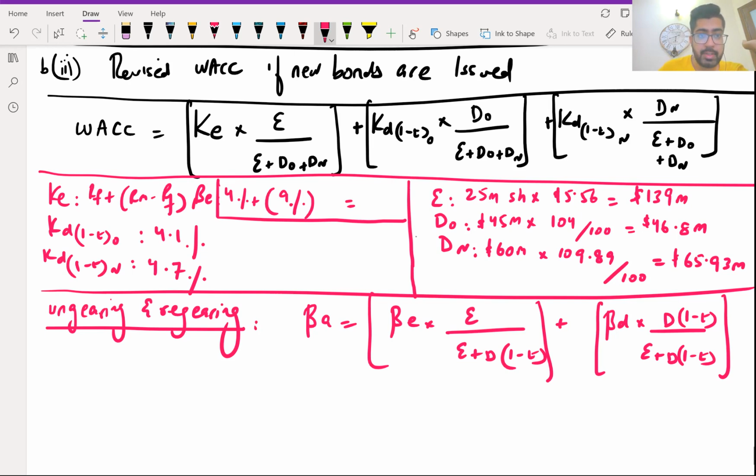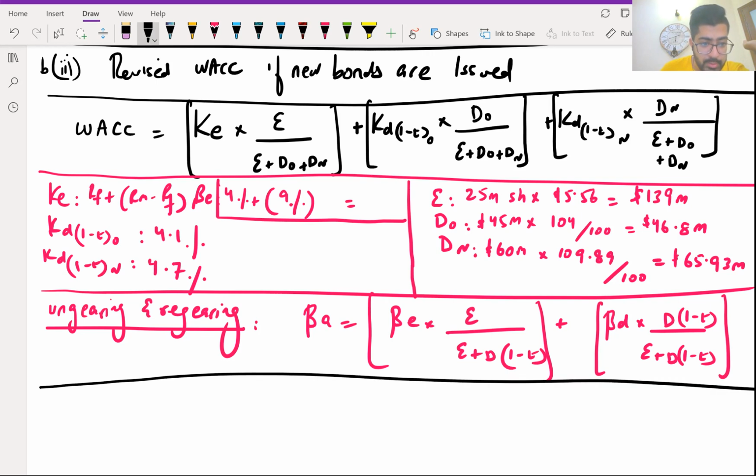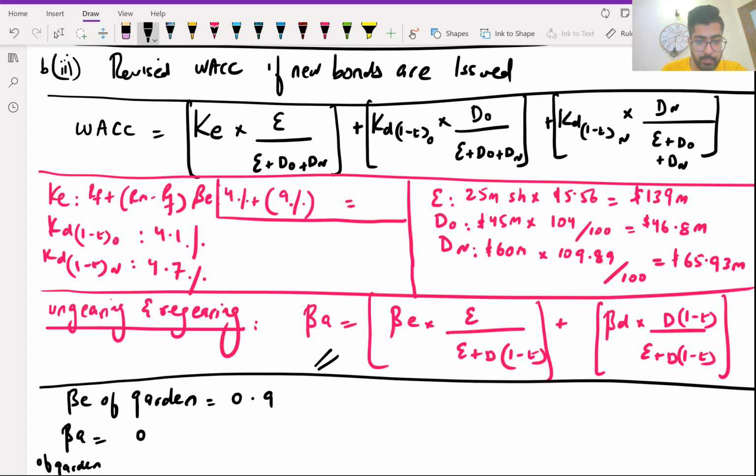Okay, we have beta equity of garden, 0.9. You can get beta asset of garden from here. For garden, beta asset is, use this equation, beta asset of garden equals beta equity of garden 0.9 into equity proportion of garden, it's 139 over 139 plus debt proportion of garden 46.8 into 1 minus 0.25.